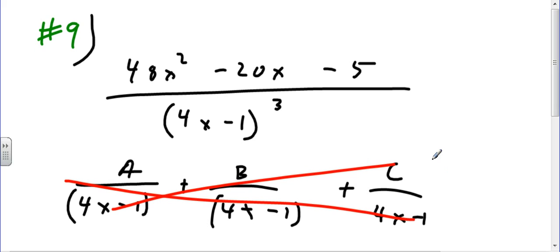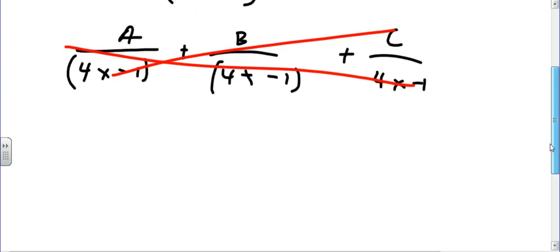All right, so there's some theory here. Repeated linear denominator factors. On page 246, it says that we need to write this down differently.